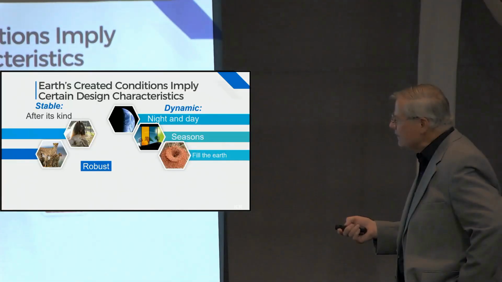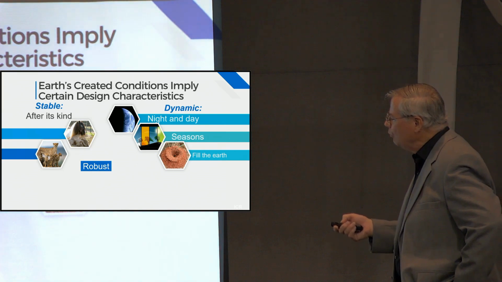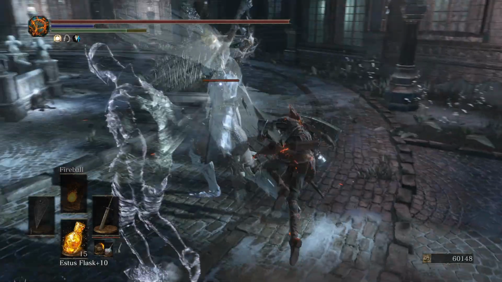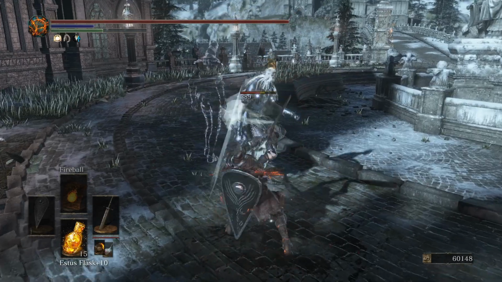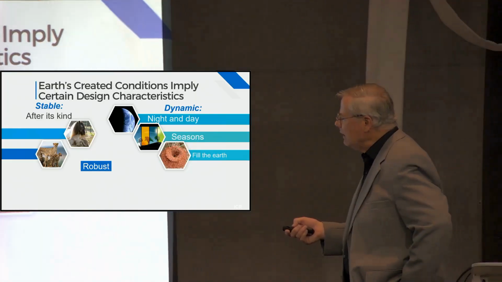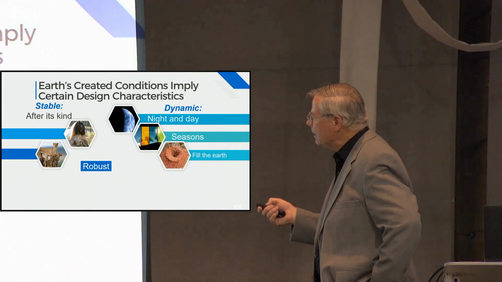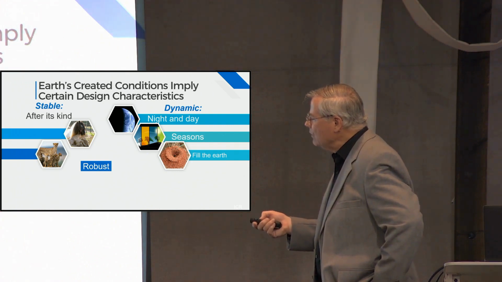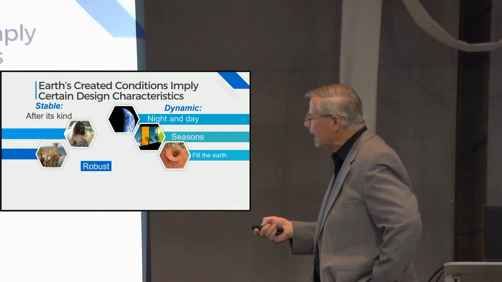If I'm going to look at this from an engineering perspective, I'm going to see evidences of something that engineers would call robustness. Guess what? Robustness is taken into account in evolutionary biology. In other words, these organisms, even though they're facing dynamic environments, are going to maintain certain basic elements.